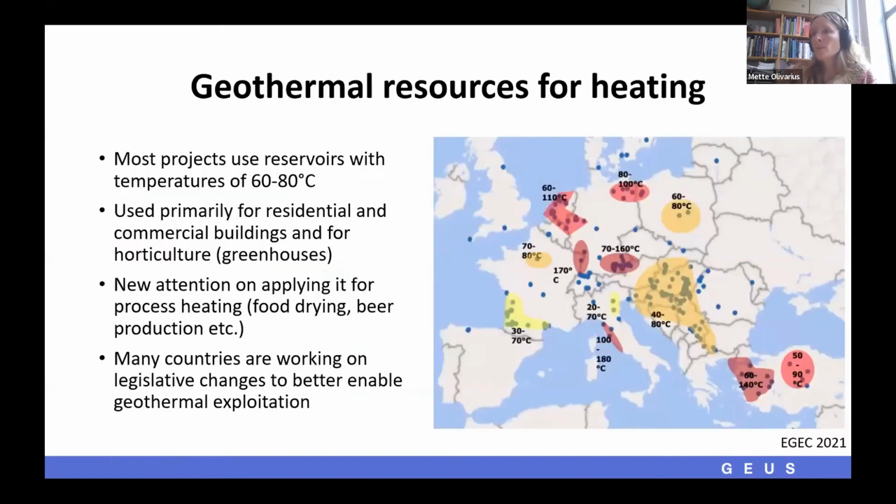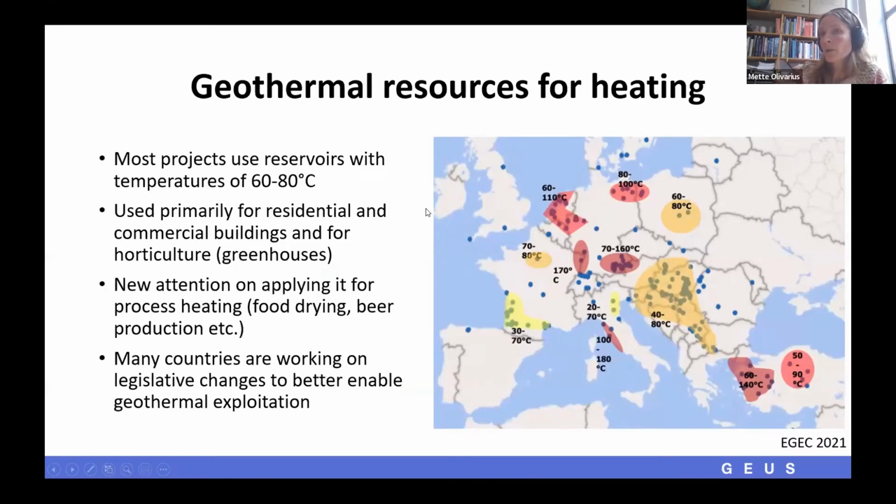And an overview of parts of Europe here to show that most projects use reservoirs between 60 and 80 degrees heat. And that is primarily for residential and commercial buildings and also for horticulture like greenhouses.